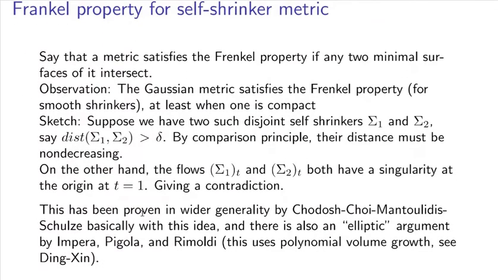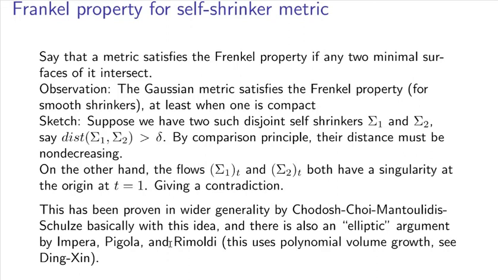So this has been proven in wider generality by Chodosh, Choi, Mantoulidis, and Schulze in their generic mean curvature flow paper. They can allow for non-compact self-shrinkers and more. And there's also an elliptic argument for non-compact self-shrinkers by Impera, Rimoldi, and Pigola.